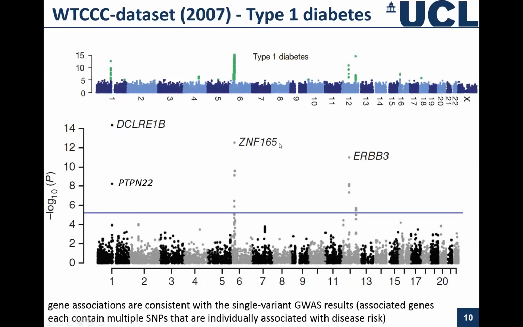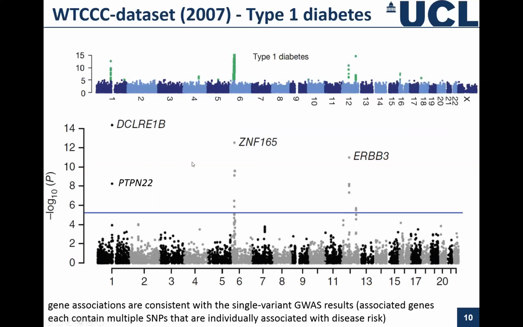Now, coming to an example of real association results, this is from the PredictXcan publication, analysis of the Wellcome Trust dataset from 2007 of type 1 diabetes. You can see in the upper Manhattan plot the original single marker GWAS results, and in the plot below the association results per gene of the same data set.